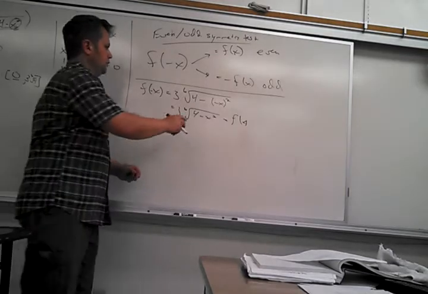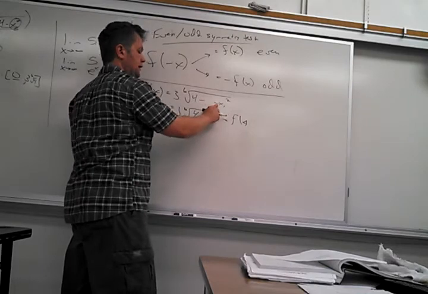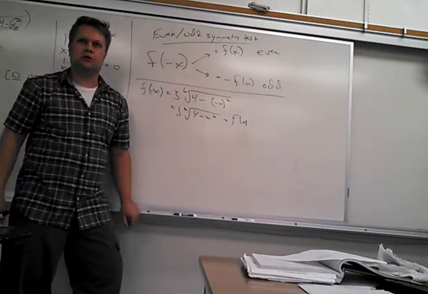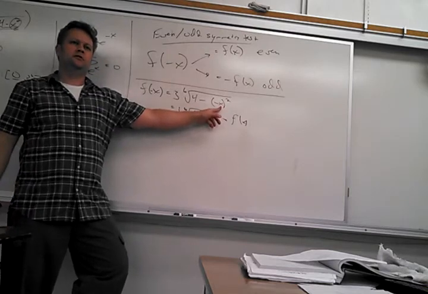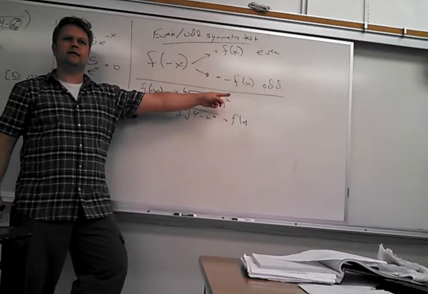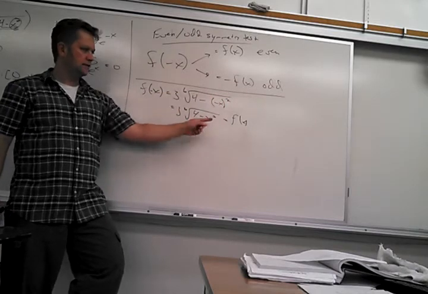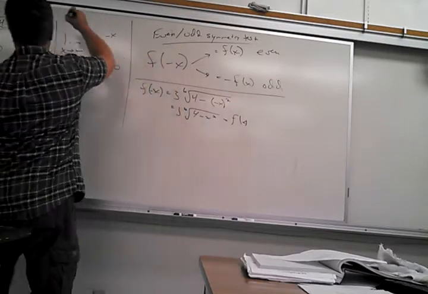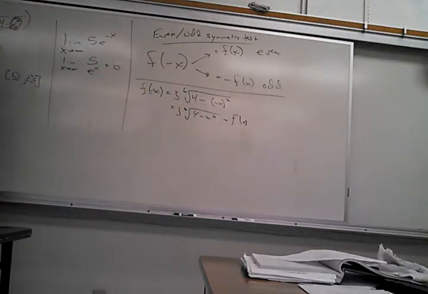Somehow people do this kind of thing and they think those negatives cancel and then they get all screwed up. You just have to understand the basic idea of substitution: when you substitute something in, make sure you apply this to the whole thing. That negative can't escape being squared. That's what makes this even. The only place your input is here, and it's to an even power. It makes sense this is going to be even. That's the only thing that has an x in it.